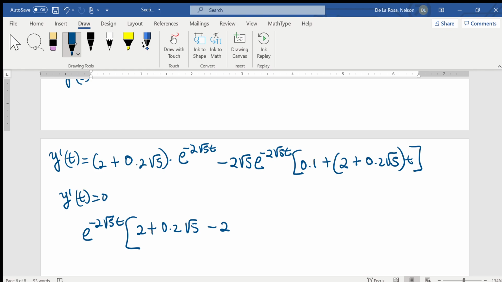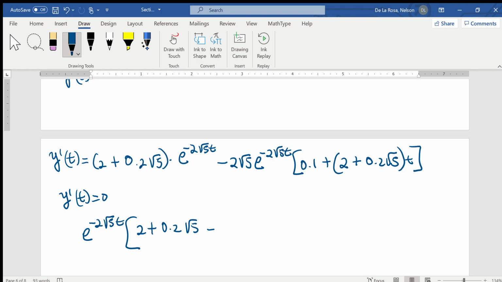So we factor the exponential. Let me do this again. It is 2 plus 0.2 square root of 5 minus, let me see.